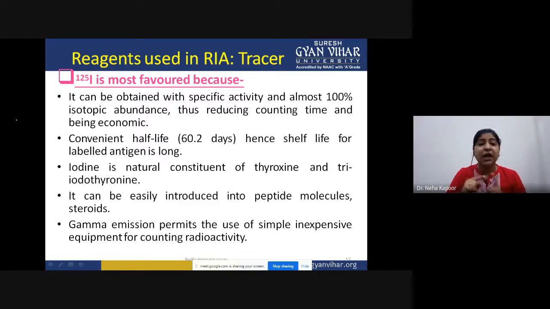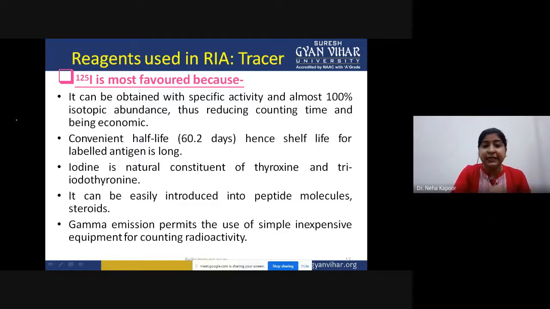Second point, iodine is a natural constituent of hormones present inside our body, for example thyroid hormones, thyroxine and triiodothyronine. So the hazards that we can have by using iodine 125 are quite low as compared to other molecules.